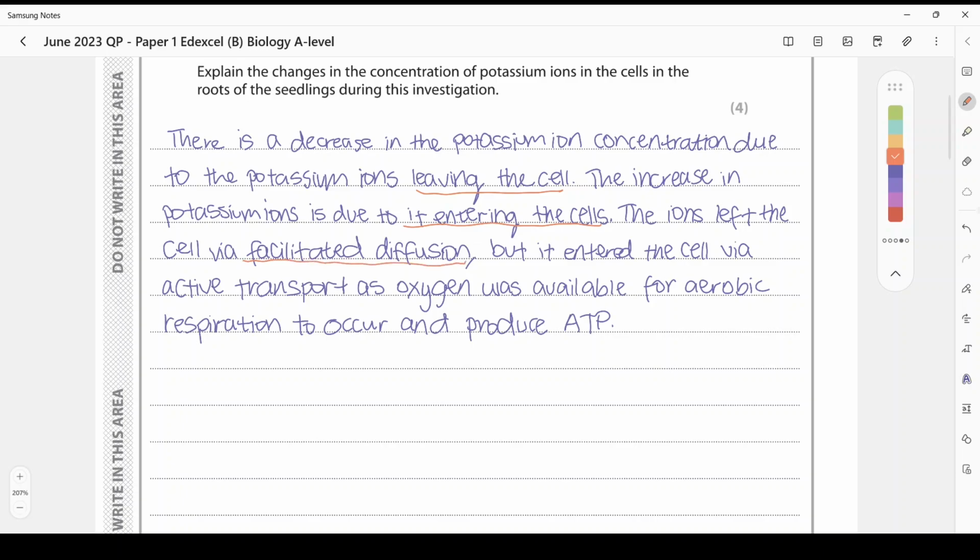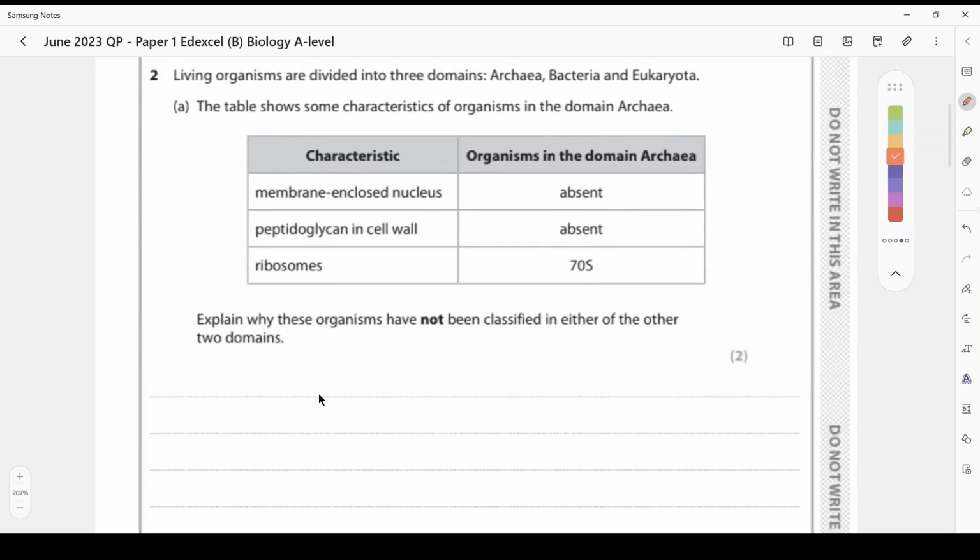And the ions are taken up by active transport. So that would be the third mark. And then the fourth mark would be oxygen is available for aerobic respiration. And the last mark, the fifth mark, would be that aerobic respiration generates or produces more ATP. All right, let's go on to question 2.